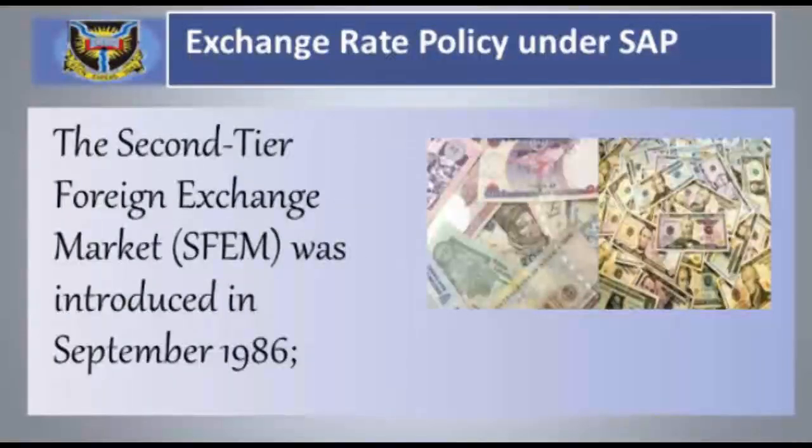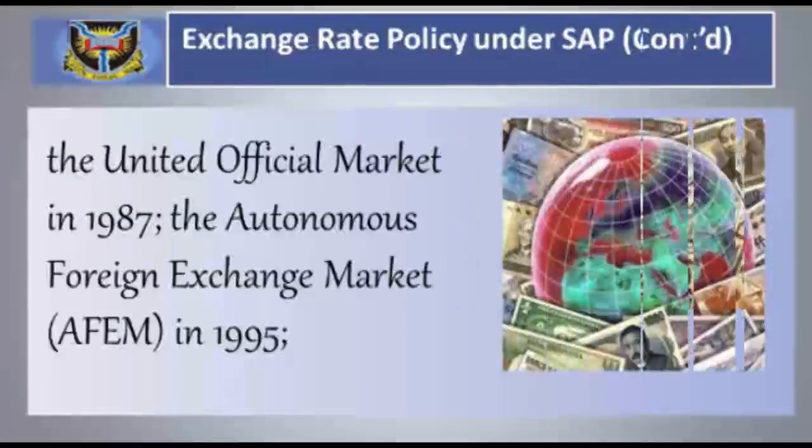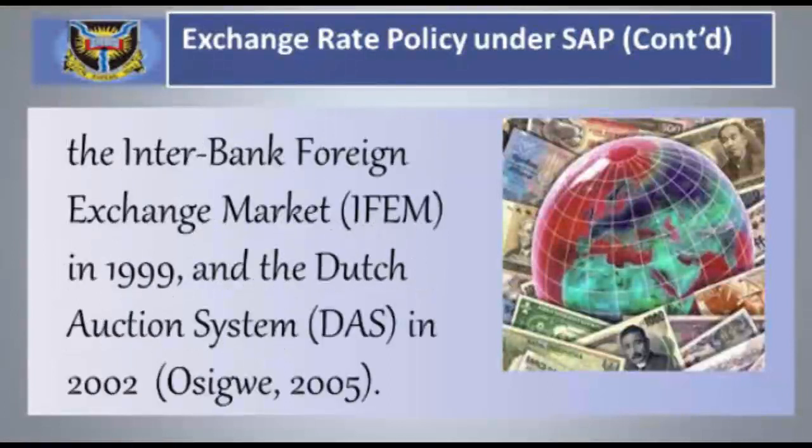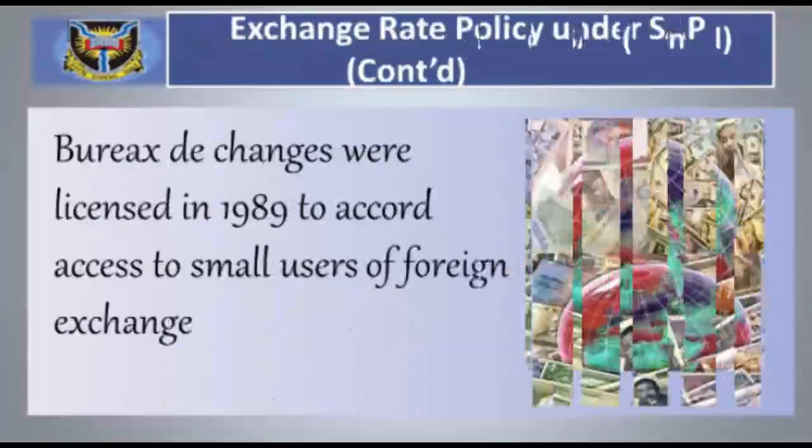The Second-tier Foreign Exchange Market (SFEM) was introduced in September 1986, the United Official Market in 1987, the Autonomous Foreign Exchange Market in 1995, the Interbank Foreign Exchange Market in 1999, and the Dutch auction system in 2002.